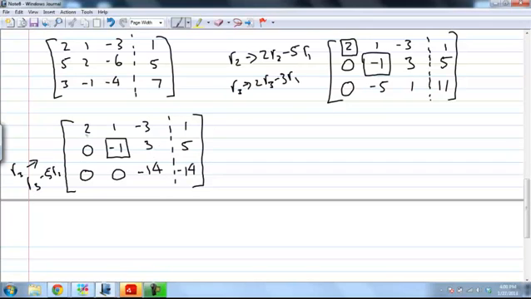Okay. At this point, notice that I have 3 pivots. My last one being the negative 14 in the 3-3 position. That counts as a pivot. And I can now rewrite the system of equations. My first equation, again, has not changed.